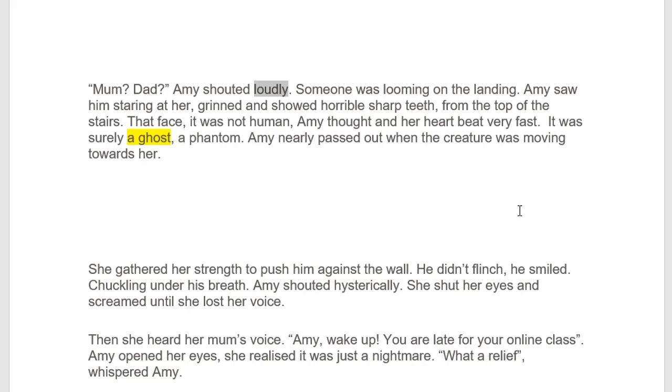Amy saw him staring at her, grinned, and showed terrible sharp teeth from the top of the stairs. That face, it was not human, Amy thought, and her heart beat very fast. It was surely a ghost, a phantom. Amy nearly passed out when the creature was moving towards her. Okay, a ghost, a phantom. So now we use the word ghost. Okay, the other word for ghost is a phantom.